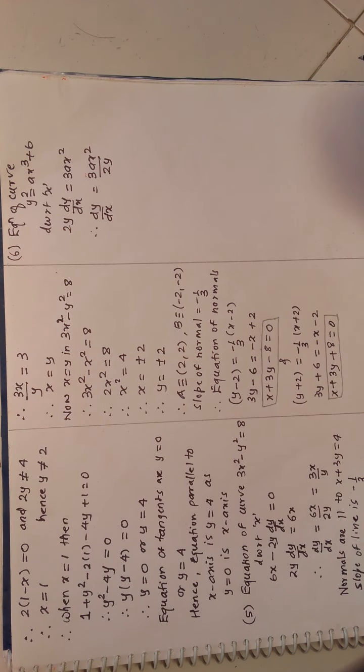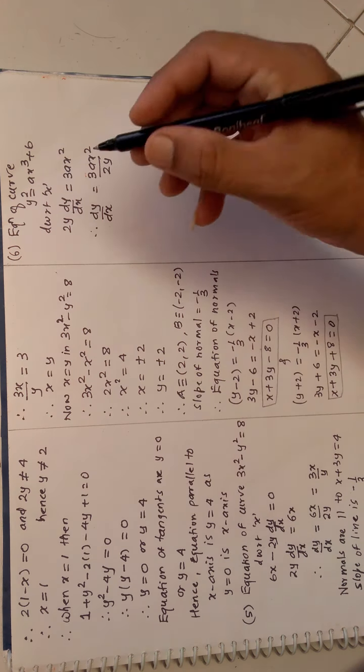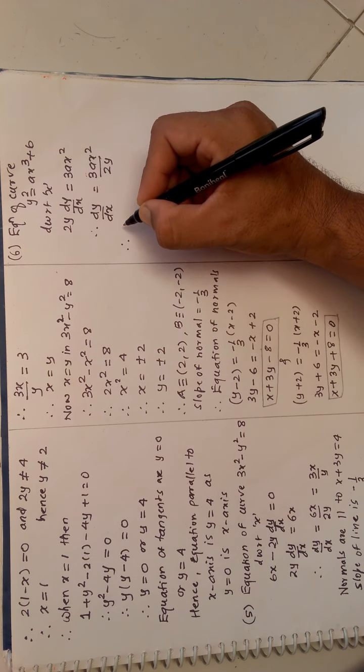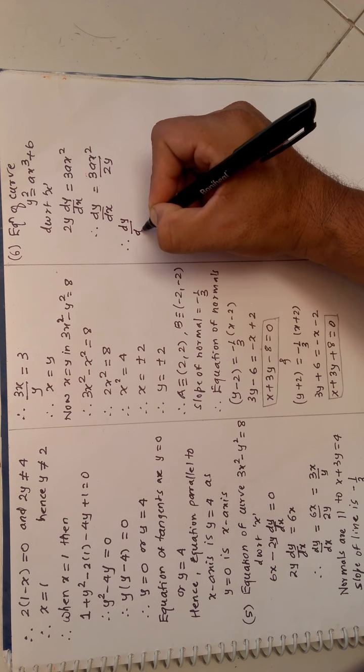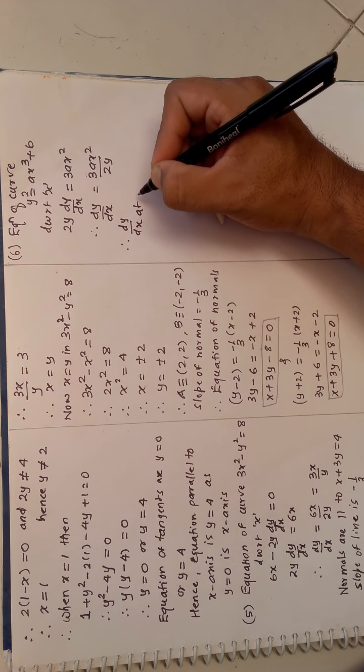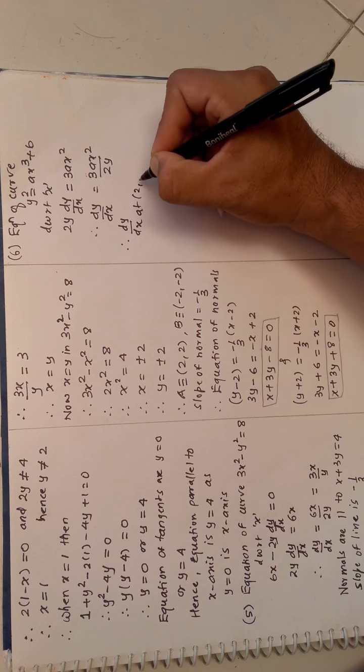But you see it is very clearly mentioned that it is the tangent at point 2, 3. The line is tangent at point 2, 3, and this is the slope of tangent. So I would be interested to find the slope of tangent at point 2, 3.